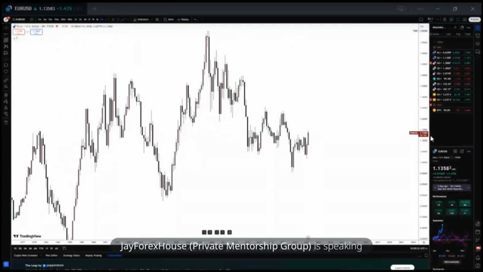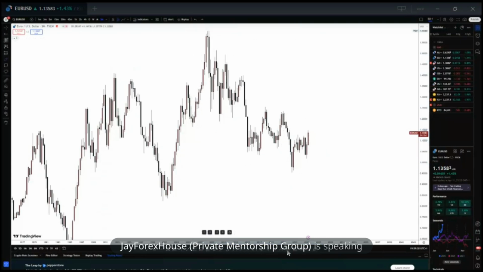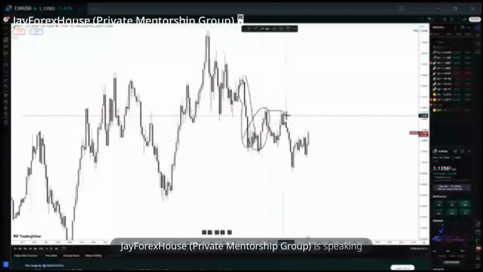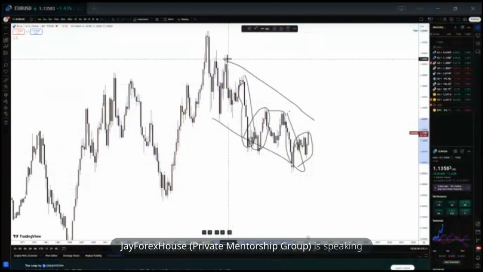But if we zoom in to just paying attention to this price action here, we could say impulsive, corrective, impulsive, and then corrective. So the trend is bearish.